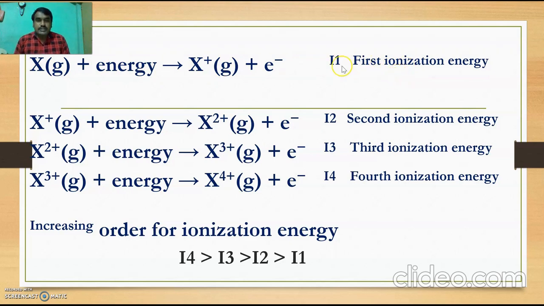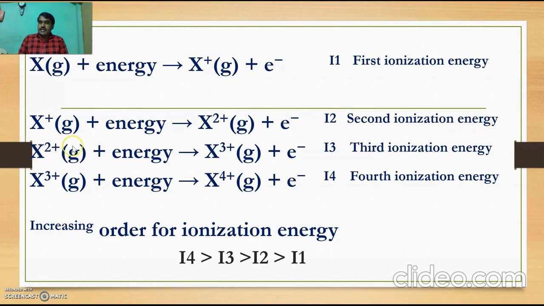The above process is specially called first ionization energy, and similarly the removal of the second electron, removal of the third electron, removal of the fourth electron, are called second, third and fourth ionization energy. Here the second electron is removed from the monocation. Then this process is called the second ionization energy.